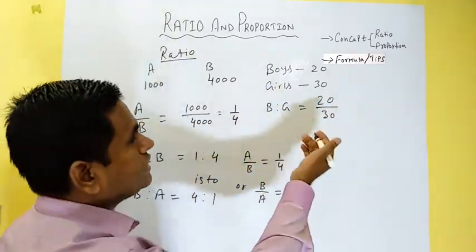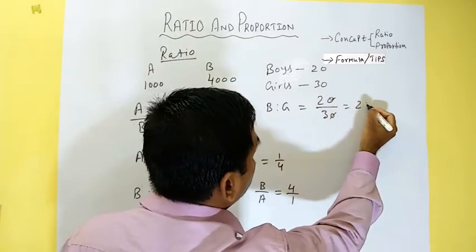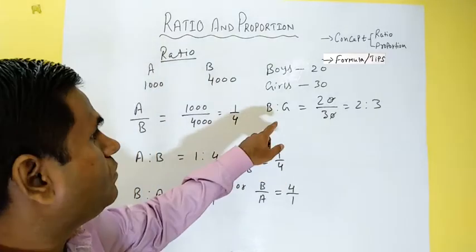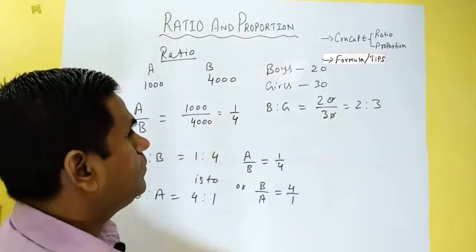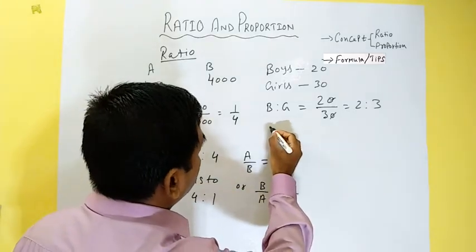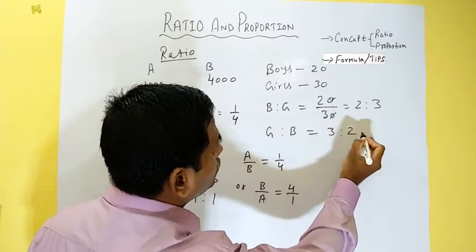Now let us simplify this. When we try to simplify, we can cancel the 0. This becomes 2 is to 3. So the ratio of boys to girls in the class is 2 is to 3. Or if it is asking you the ratio of girls to boys, you can say 3 is to 2.